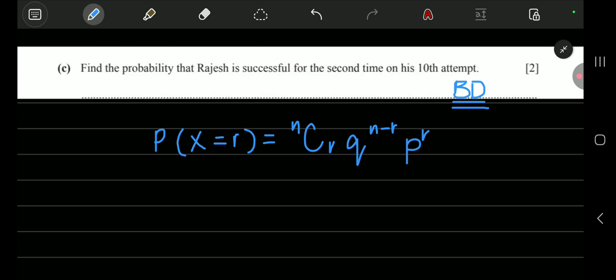So instead of taking all of these 10 attempts and then finding 2, we will not do it like this, because we are sure of the 10th attempt that he got the success. So we will distribute it like that. On the 10th attempt the probability of success was 0.3.